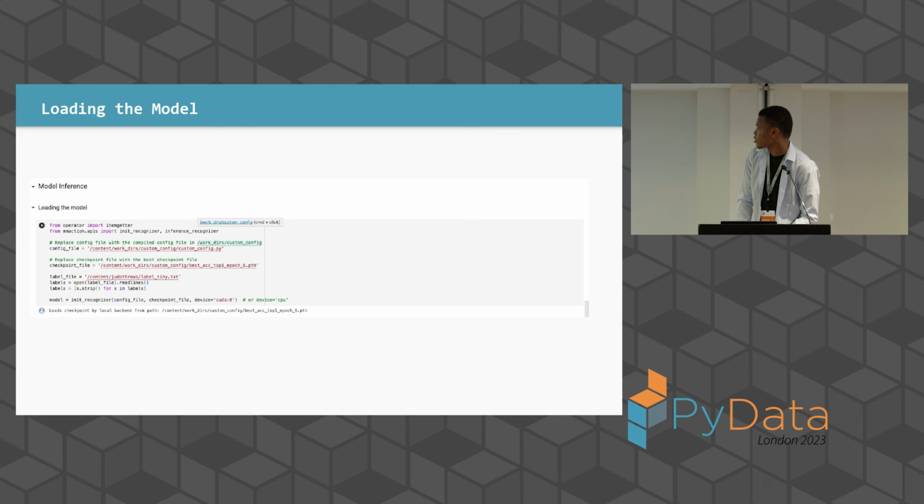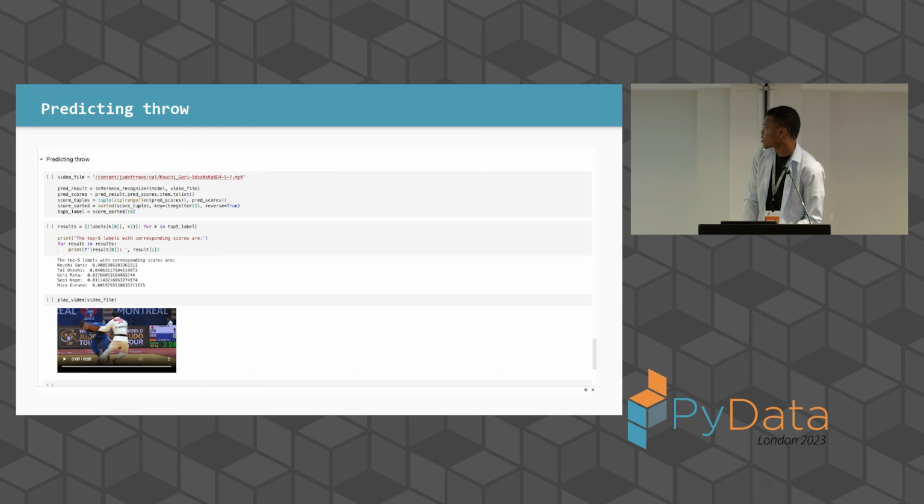If I need to take this out, I need to close the tab since I'm not going to do it. Okay. Then I'm just going to find a video to do a prediction on, from the validation set.